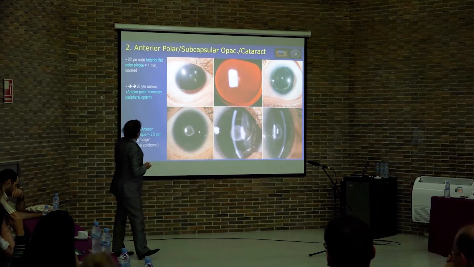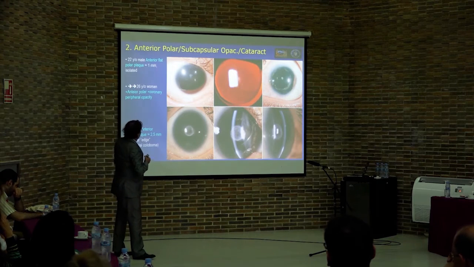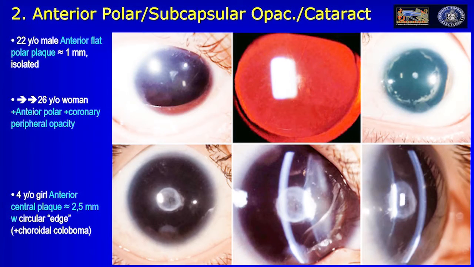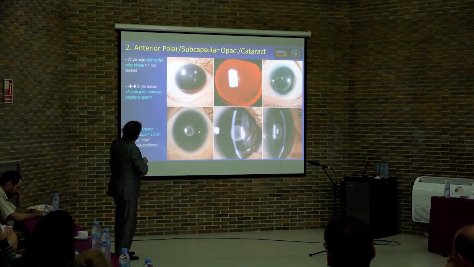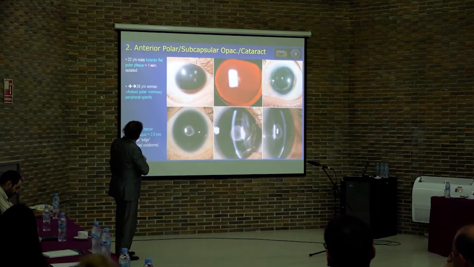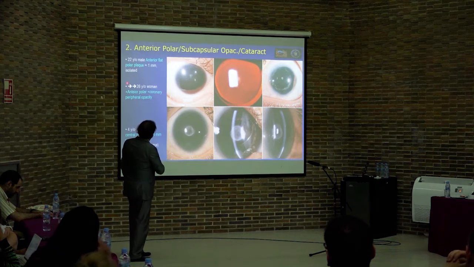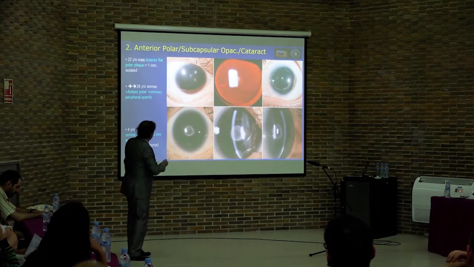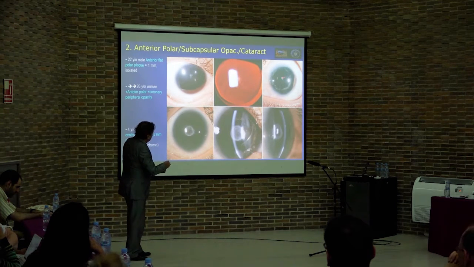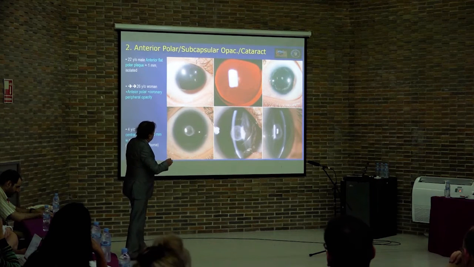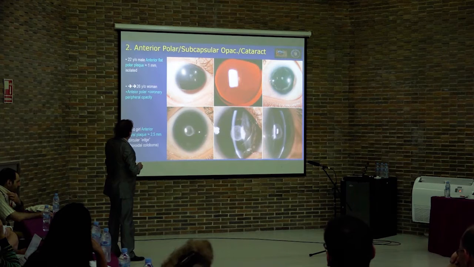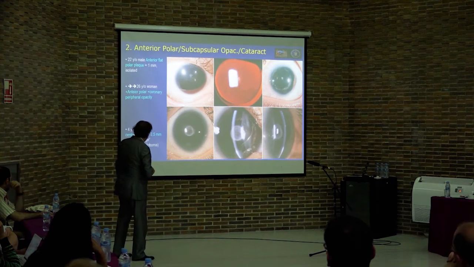Then we have these anterior polar or subpolar cataracts. This is an older patient, a 20-year-old male, with an isolated anterior flat cataract plaque. This is another case of an older woman with a combination of this anterior polar opacity and a quite characteristic coronary peripheral opacity.